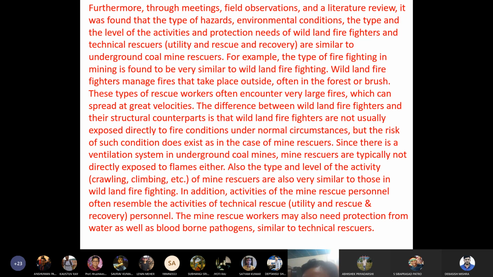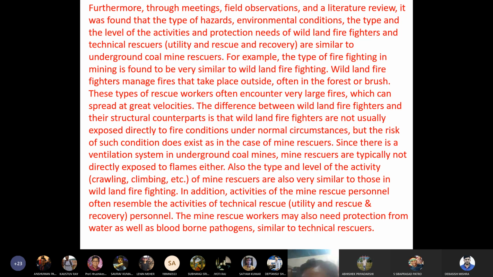Also, the type and level of activity of mine rescuers, sometimes they have to crawl, sometimes they have to climb, are also very similar to those in wildland firefighting. In addition to that, activities of the mine rescue personnel often resemble the activities of technical rescue, utility, and rescue and recovery personnel.